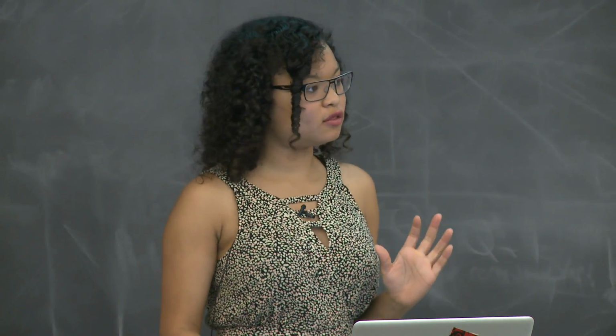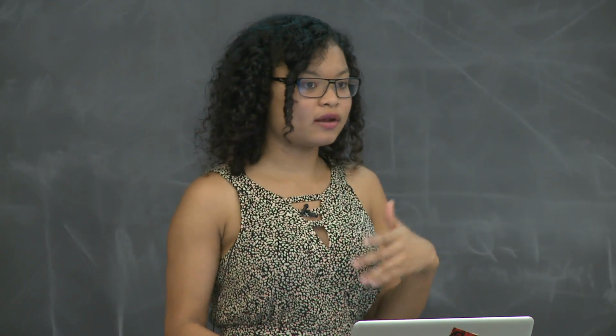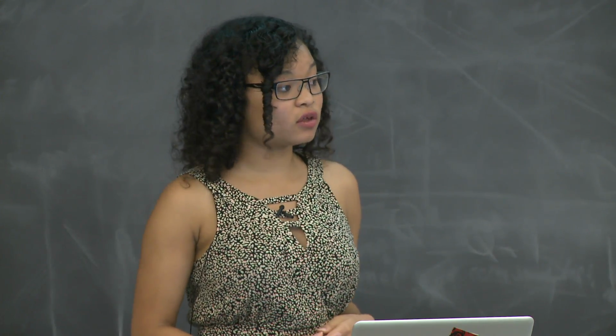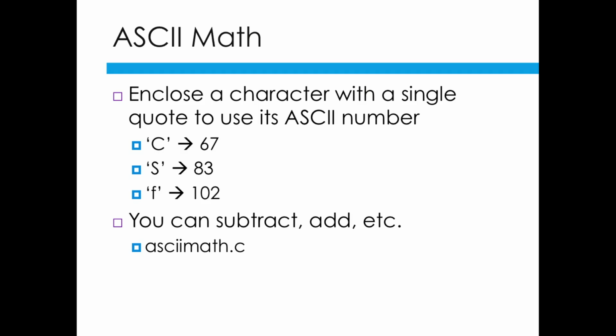But with this pset, we'll be able to interchangeably use characters and their corresponding integer values. If you simply encase a character in single quotes, then you'll be able to work with it as an integer. So the capital C relates to 67. Lowercase f relates to 102. Again, if you want to know these values, look at your ASCII table.